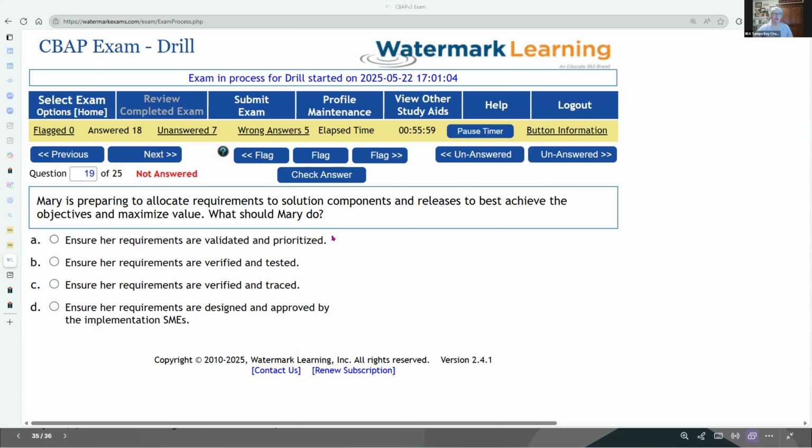So what should she do first? Should she ensure her requirements are validated and prioritized? Ensure her requirements are verified and tested? Ensure her requirements are verified and traced? Or ensure her requirements are designed and approved by the implementation SMEs? I think this is asking for an input into that task.